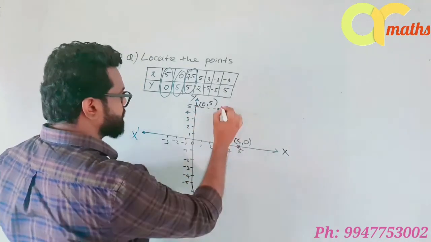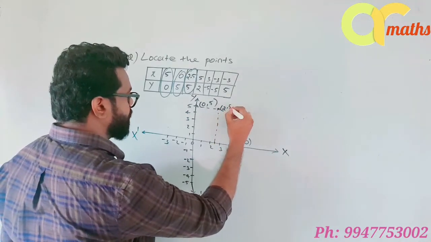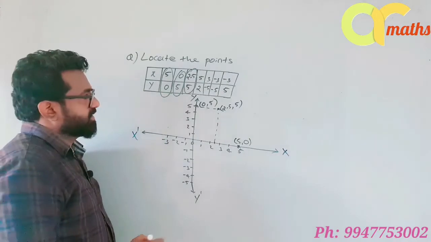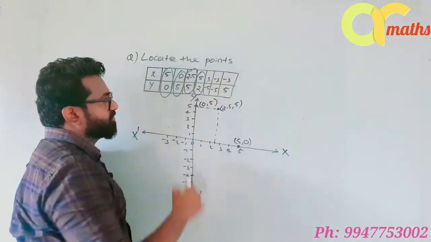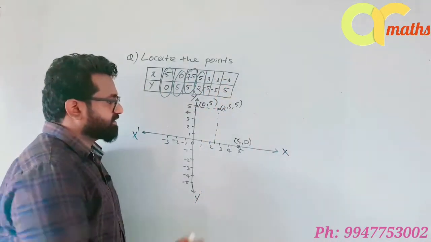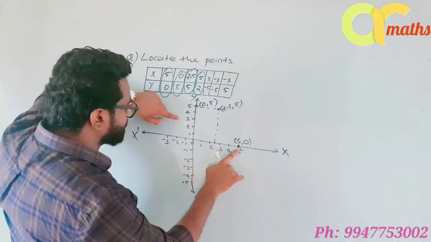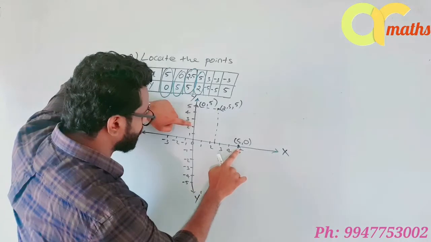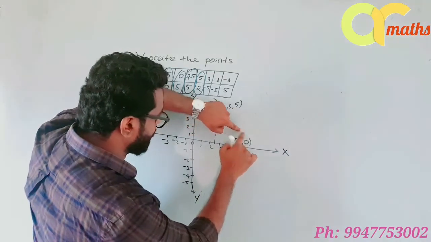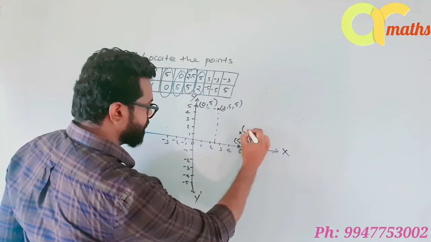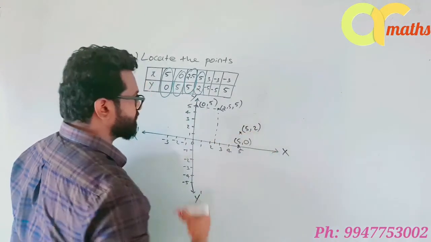This point is 2.5 comma 5. Ready? Next, 5 comma 2. Where is 5 comma 2? On x axis 5, this point here. On y axis 2. So here 5 comma 2.